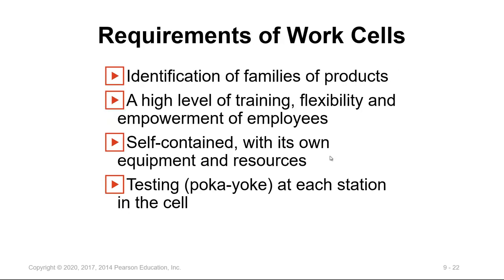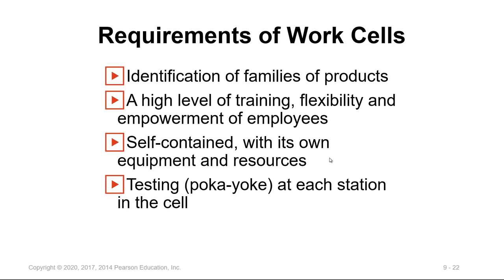As part of the requirements of a work cell, the company needs to identify the families of products. We need to know what groups we have and how they are related to each other. Then the company should include a high level of training, flexibility, and empowerment for employees, because they will know exactly what they're doing in each work cell.